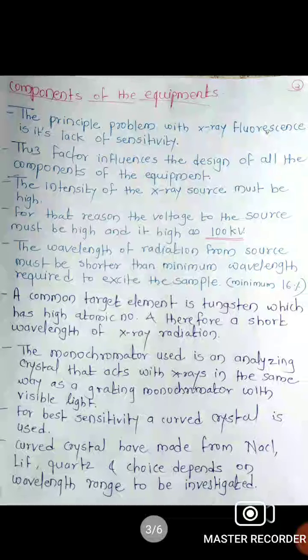Now we see the components of the equipment. The principal problem with X-ray fluorescence is its lack of sensitivity. This factor influences the design of all the components of the equipment.